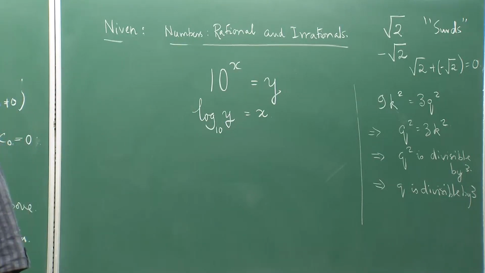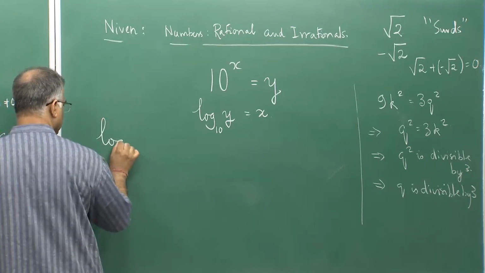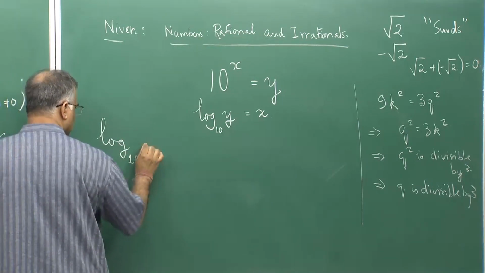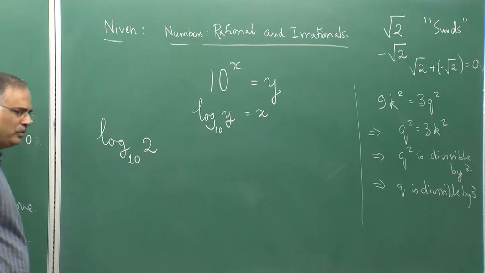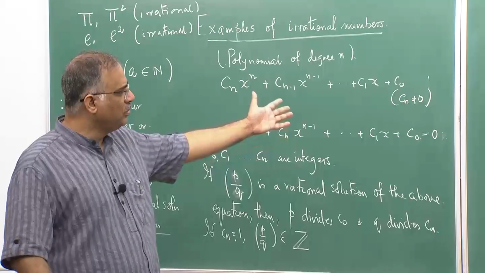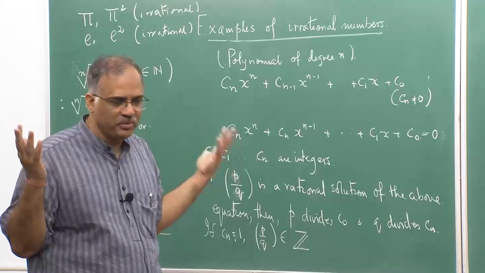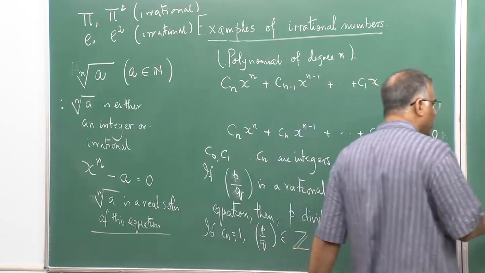Now, I ask you a very simple question. If you look at Napier's logarithmic table, they will give you point something something, but that will be just an approximation. No, I am asking, is log 10 of 2 rational or irrational?